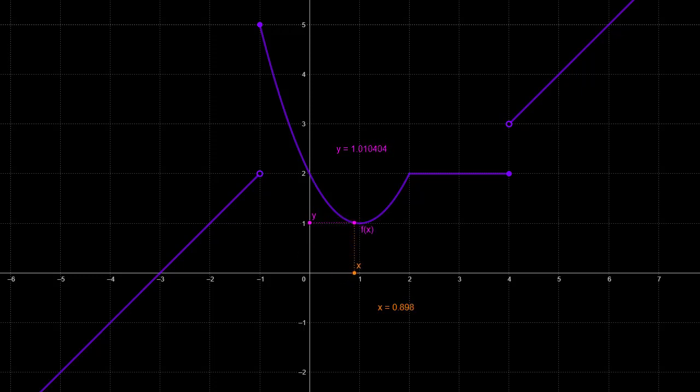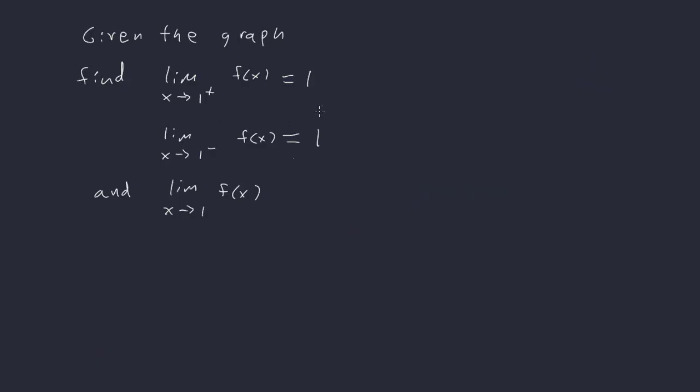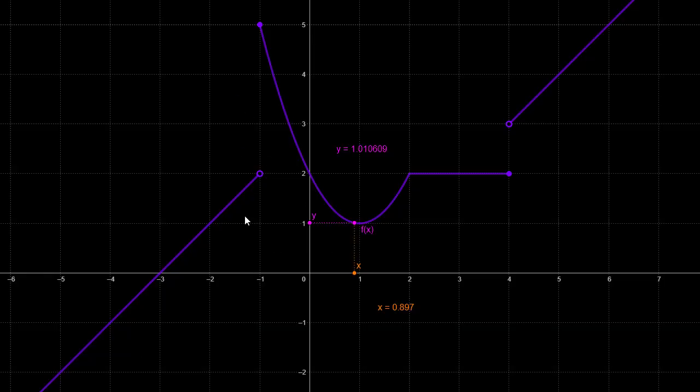So we can say that the limit from the left side is also 1. And if things match from the left and the right, then the two-sided limit is the same thing. From both sides we get 1, therefore the limit is 1.